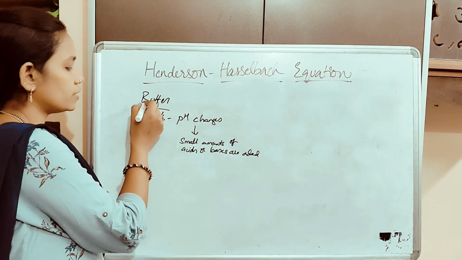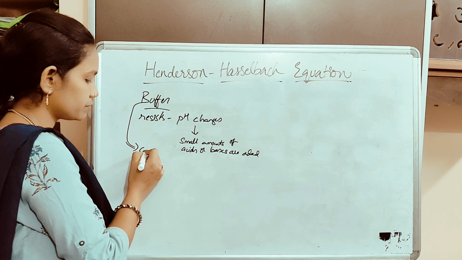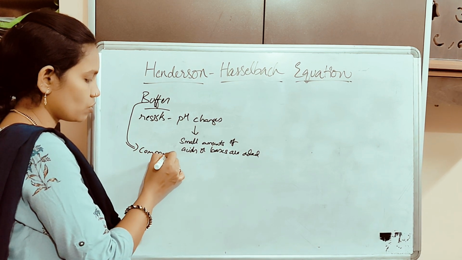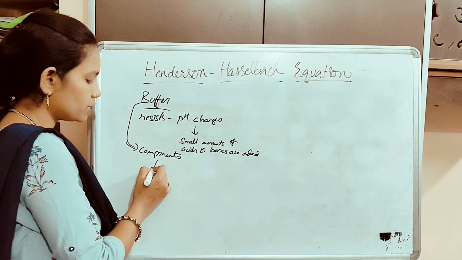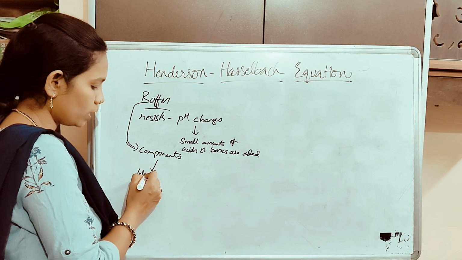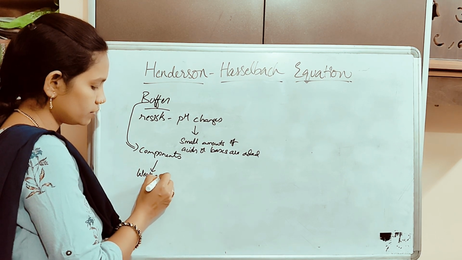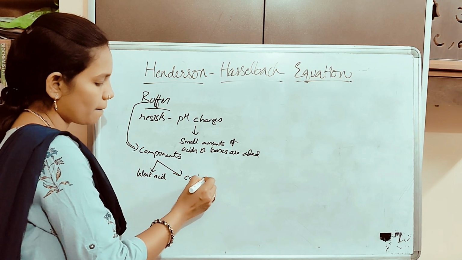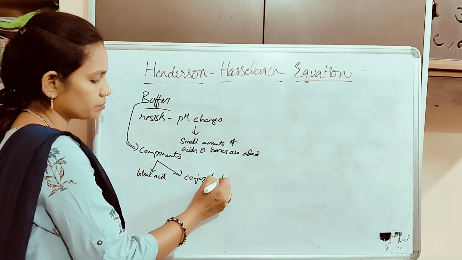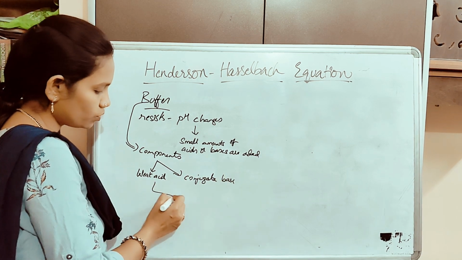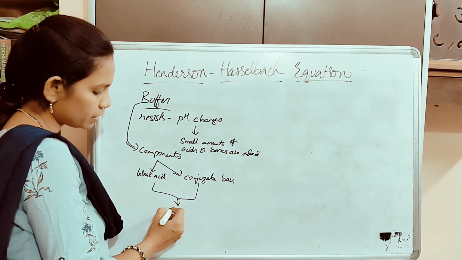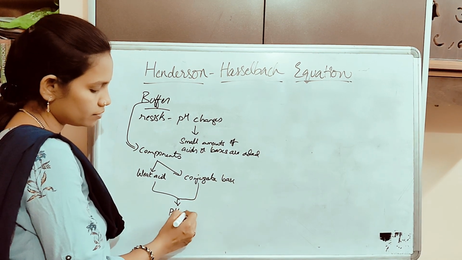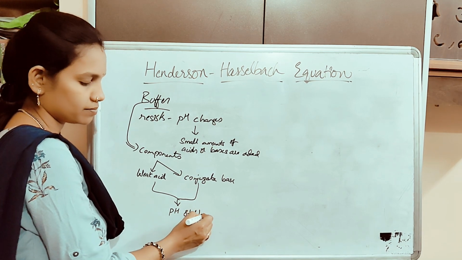Right? And what are the components of buffer? Components of buffer are weak acid and its conjugate base. Now these two work together to keep the pH stable.